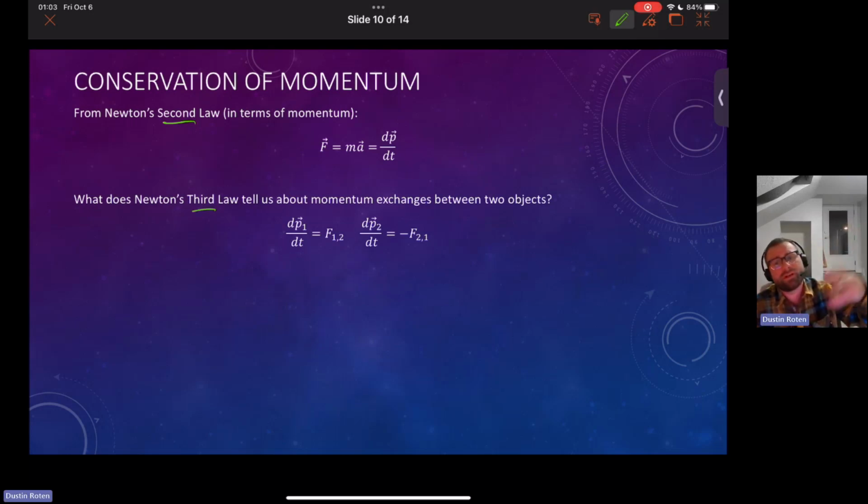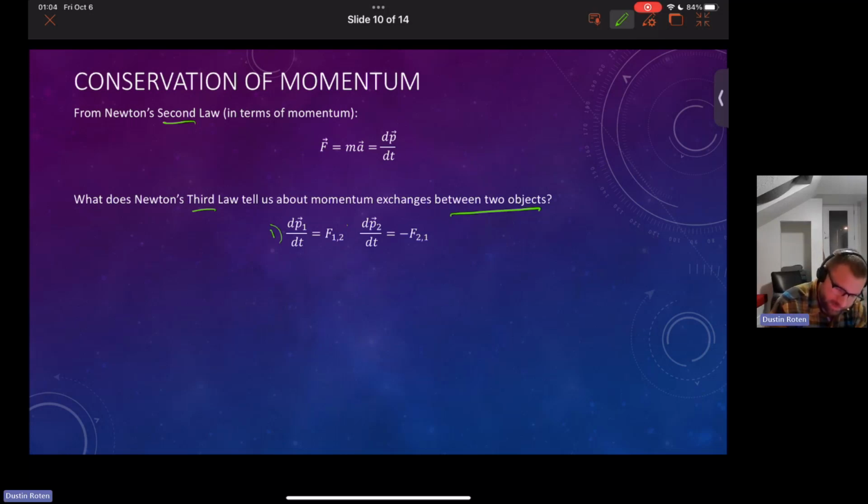So remember, Newton's third law is you have one force this way, you have the same force, but in the opposite direction, and it's negative. Okay, so we know that if we have one force, from object 1, it's going to act on object 2, right? Because we're talking about between two objects, because Newton's third law is always an interaction.